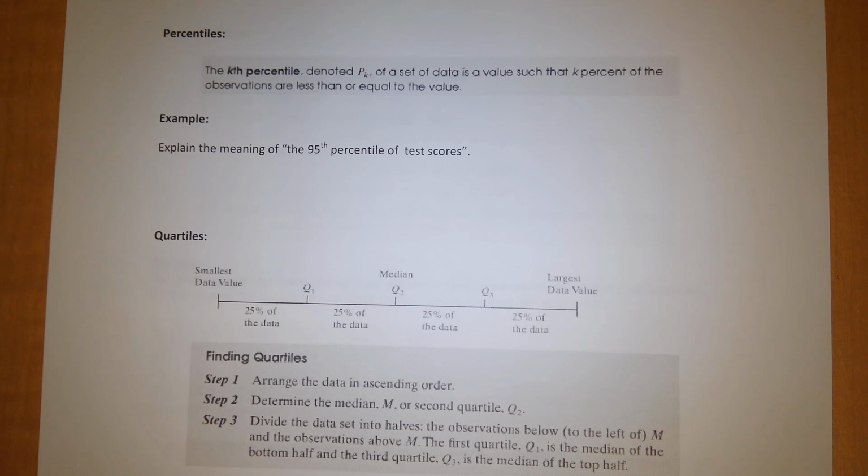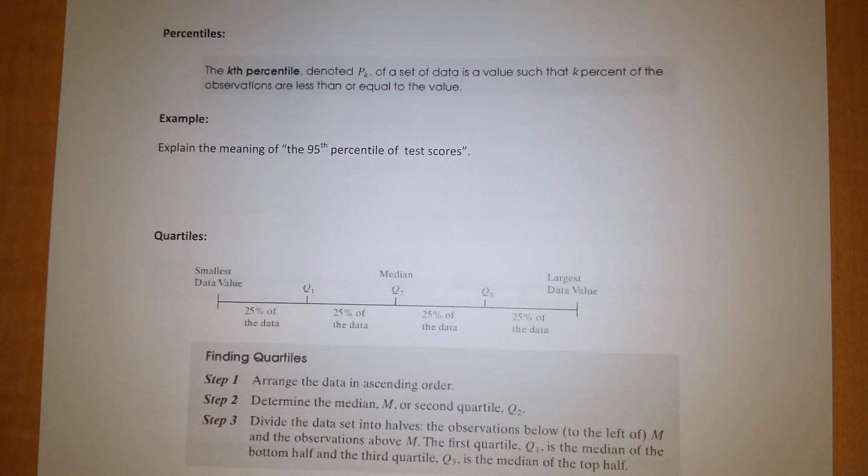Percentiles are a way of dividing your data into quarters. The kth percentile, which is denoted as a capital P, is the set of all data where the value is a kth percent of the observations.